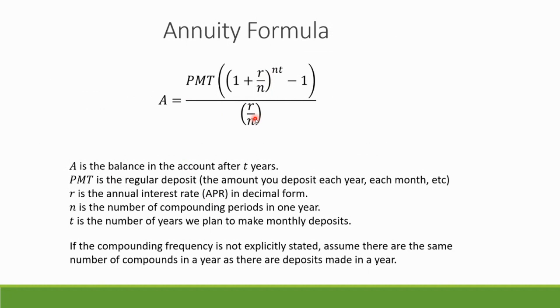If it's compounded quarterly, n would be 4 times a year. Quarterly means every 3 months, so 4 times a year. Sorry, I misspoke. t is how many years we plan to make deposits. You know how long this is going on for. And again, we're always assuming this, that if the compounding frequency is not explicitly stated, it's compounded as often as we're making deposits.